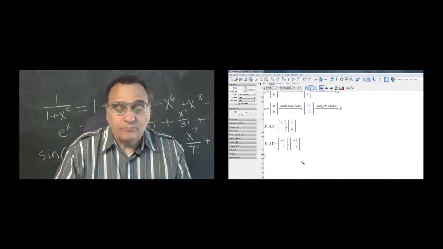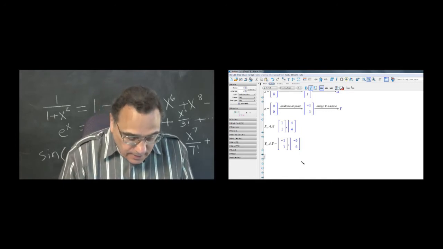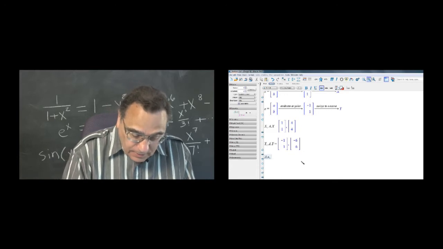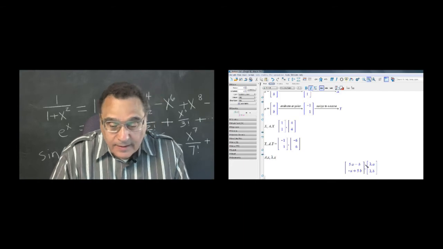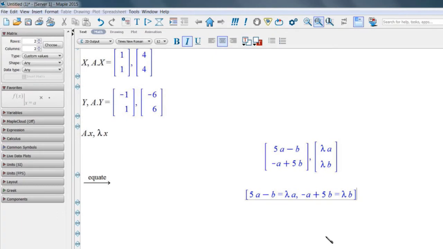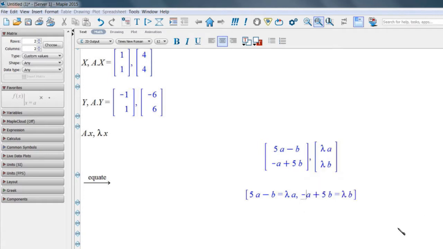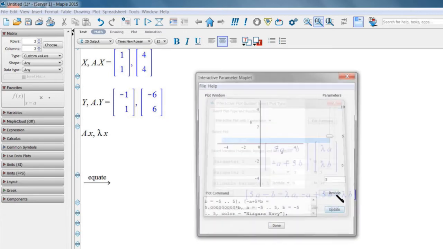Let's take a geometric look at that. So A times X and a multiple of X equated gives us a pair of equations. And as we did before, if we look at this geometrically, we can perhaps get Maple to make us an interactive plot with a parameter.